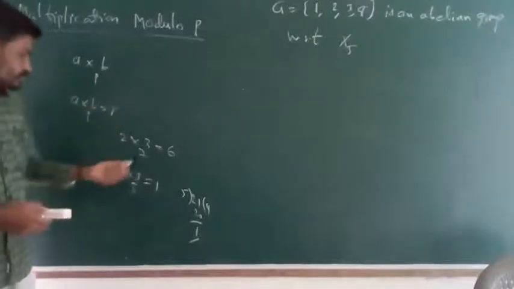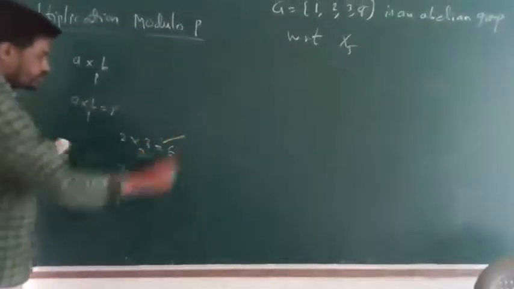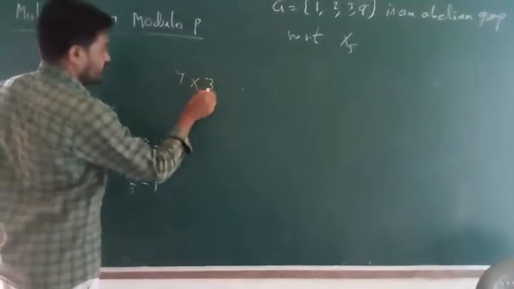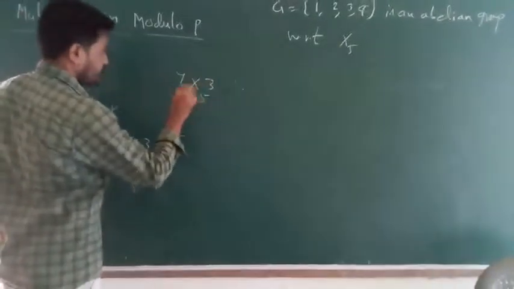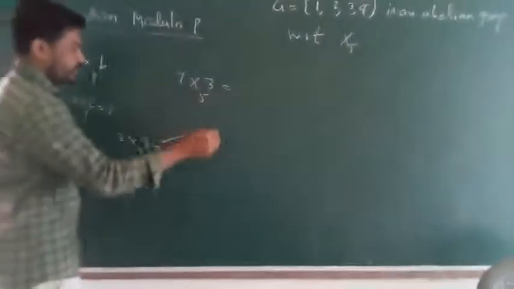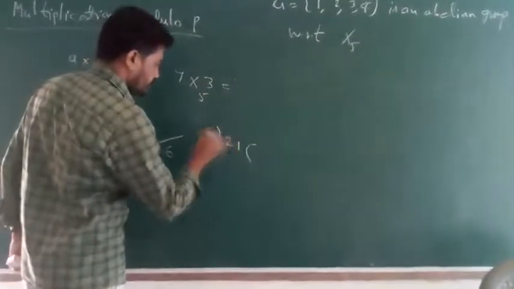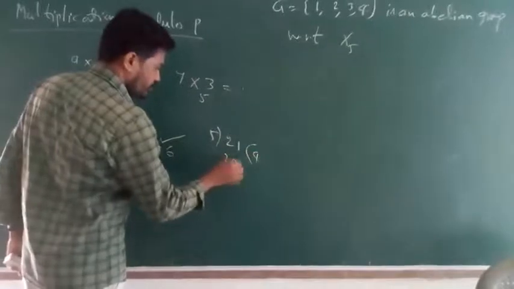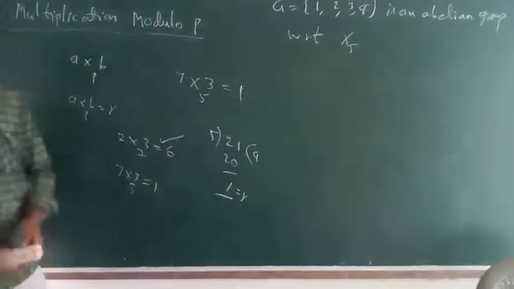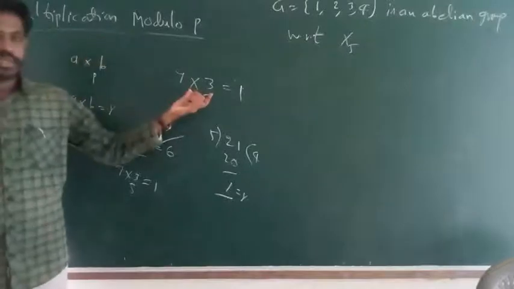Now 7 times 3 with respect to 5: 7 times 3 is 21, which is greater than this number, so you must divide it. 5 times 4 is 20, so the smaller remainder is 1. This is the process of multiplication mod p.